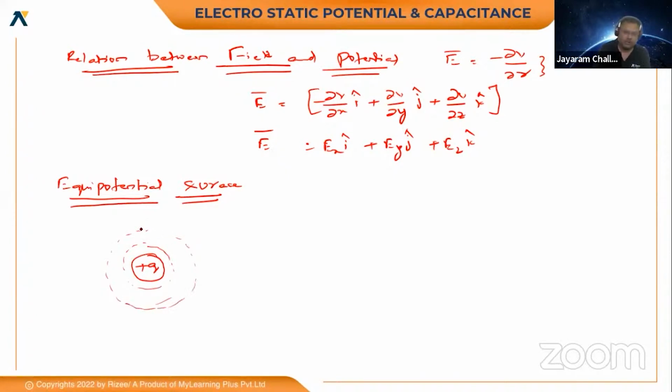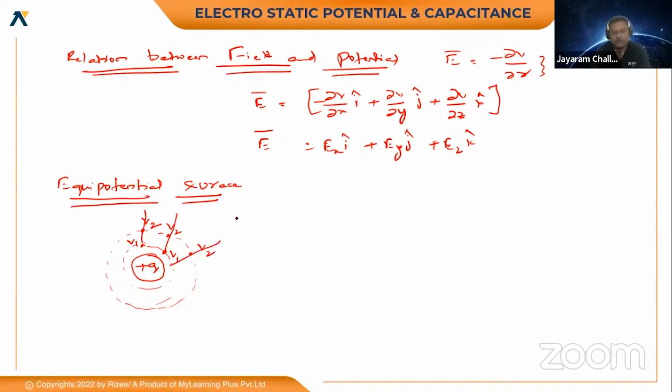So potential on these points will be equal. If here it is V1, here the potential will be V2. So potential is not going to be the same at every point as the radius increases, but on the circle, potential at every point will be the same. So these surfaces are called your equipotential surfaces.